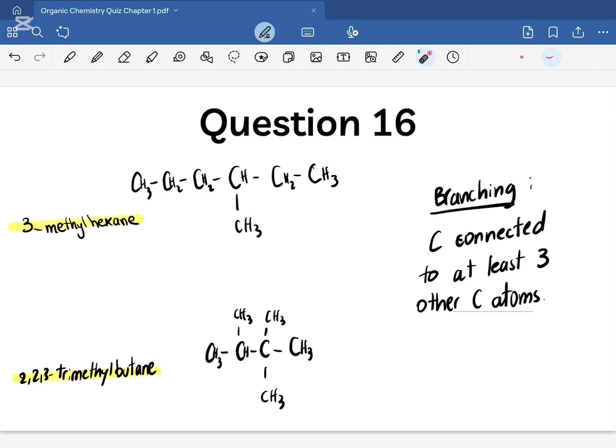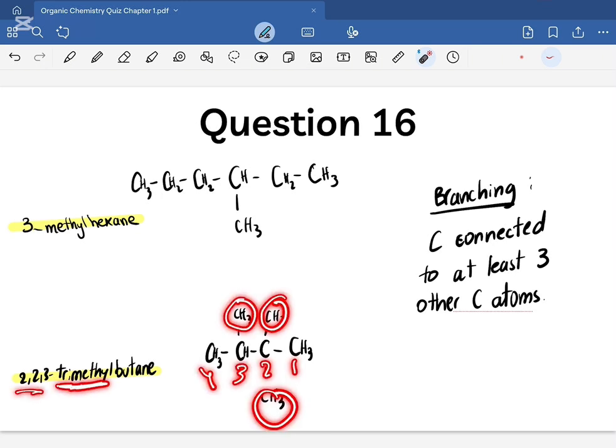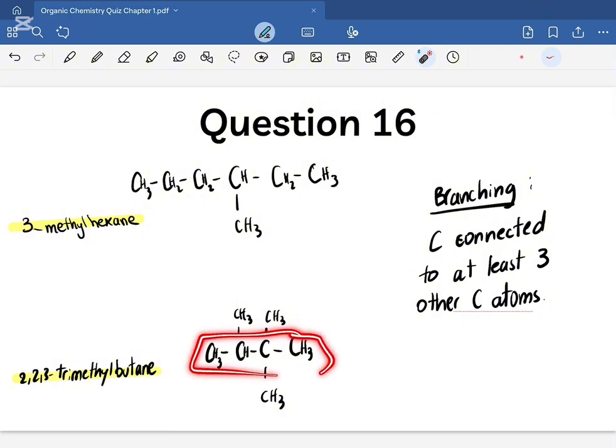So here I have 3 branches, 1, 2, and 3. And if I want to name it, I will start numbering from here, 1, 2, 3, 4. So I shouldn't start numbering from this side, as I need to give the groups the lowest possible number. I need to give these 2 groups the lowest possible number, which is 2. On the second carbon, we have 2-methyl. Here we have 3-methyl. So we have to use trimethyl and specify their position. And the longest chain is made up of 4 carbons, so it is butane.